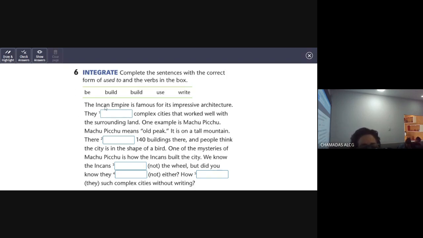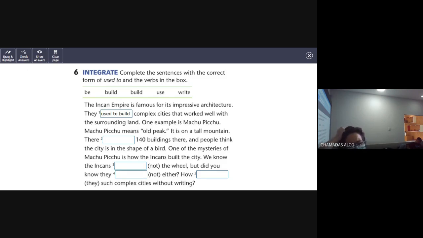So the Incan Empire is famous for its impressive architecture. They used to build complex cities that worked well with the surrounding land.